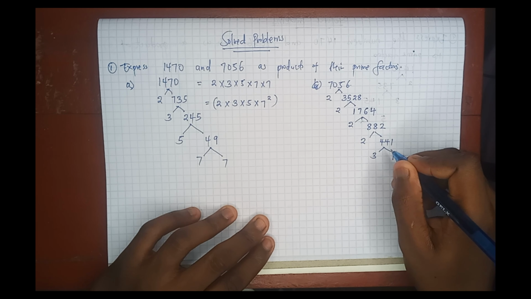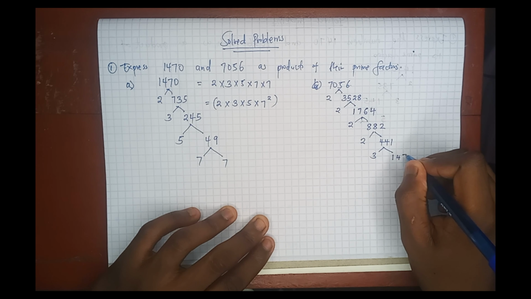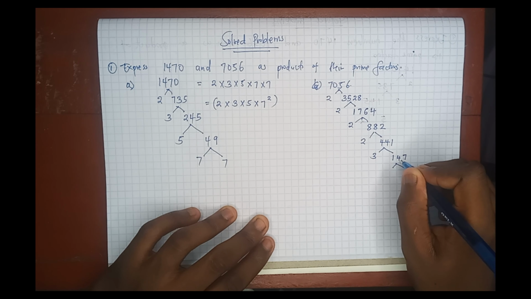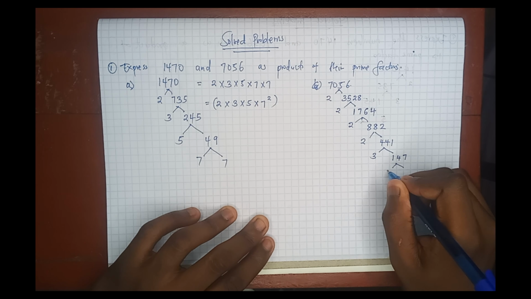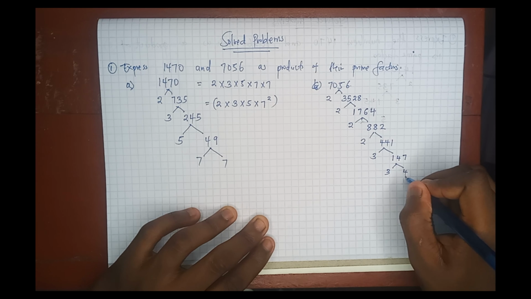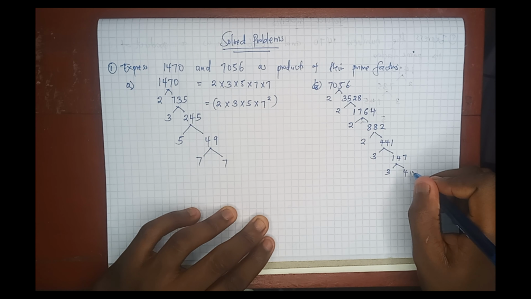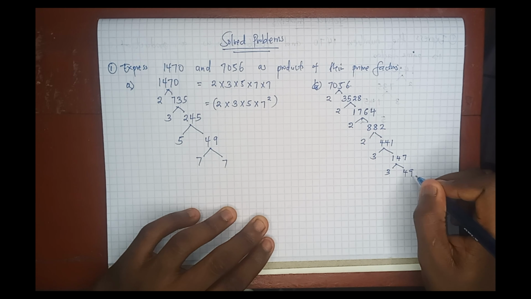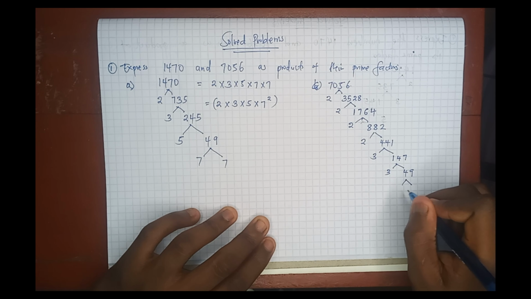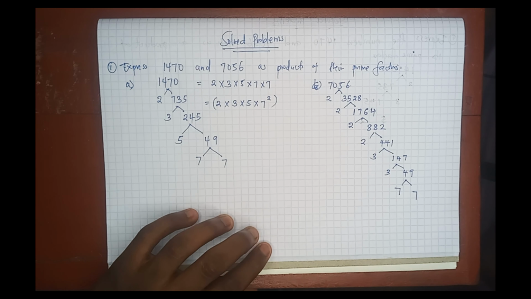So go 1, then 147, then 49, then 7. 7 plus 4 plus 1 is 12, so it is still divisible by 3, so 3. Then 49, 7, 7.